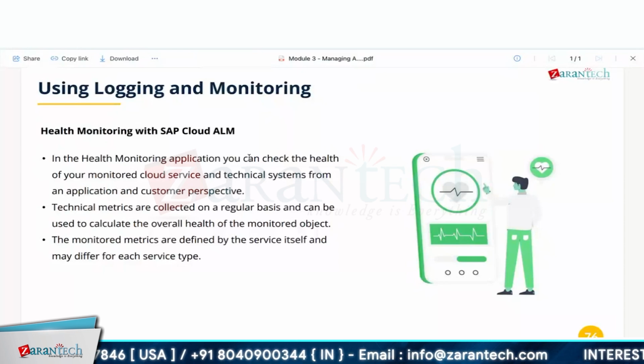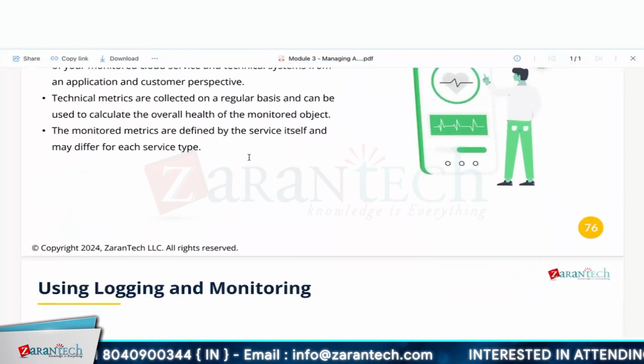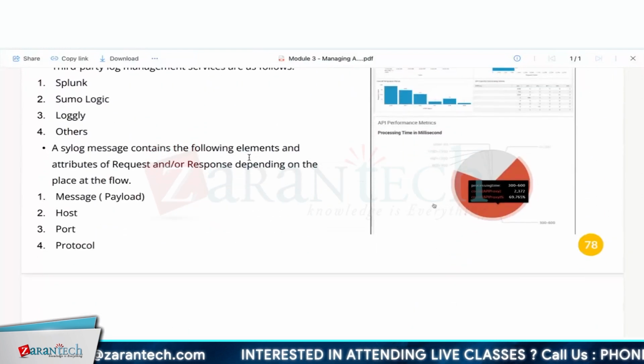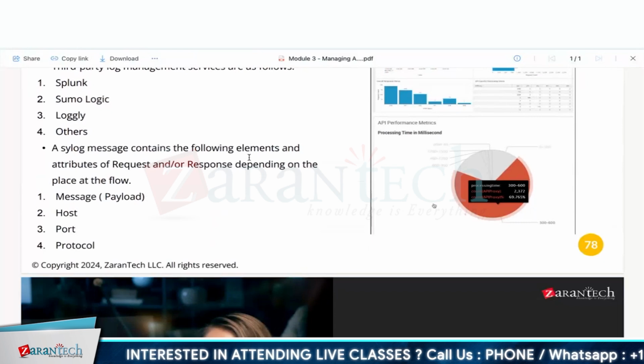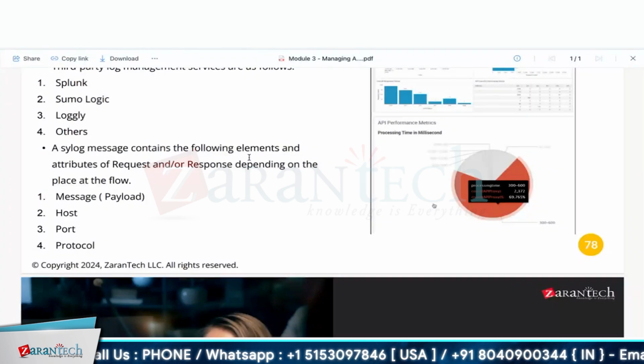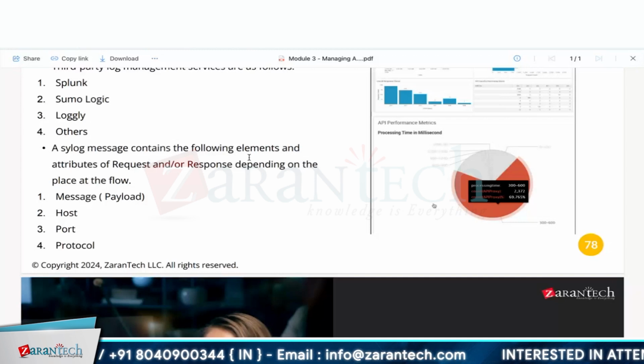The famous market product I told about, Logily, also supports a couple more products. As part of co-innovation, SAP came up with something called Power Connect. Power Connect is another product which helps you configure an agent in your landscape.